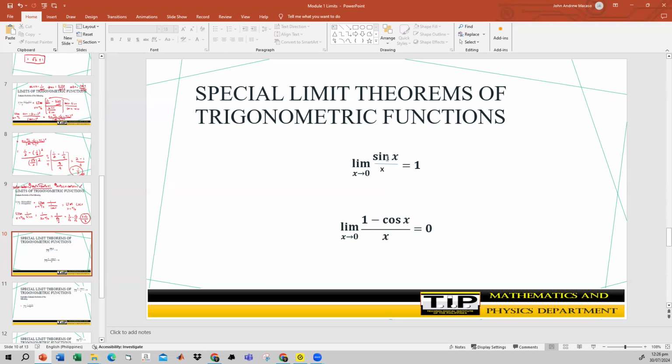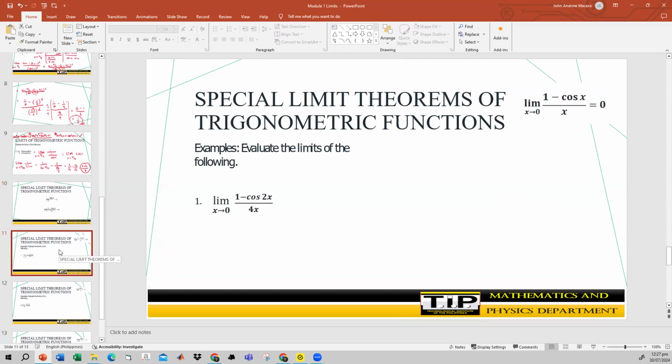If you have sine x, the angle inside the trigonometric function sine must be equal to the denominator. That's the thing you need to consider to make it equal to 1, again as x approaches 0. Then the same goes with this: the angle value inside the cosine must be the same as the denominator of this whole function to make this equal to 0.